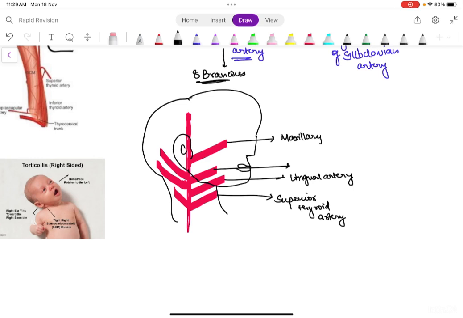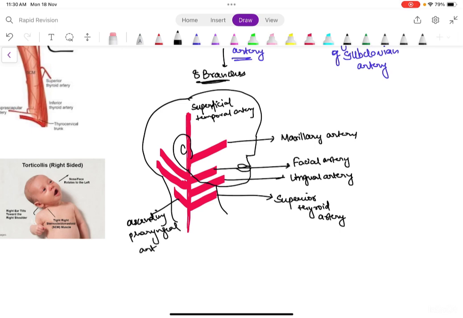This is our maxillary artery. This is facial artery. This is superficial temporal artery. All right, this is ascending pharyngeal artery.